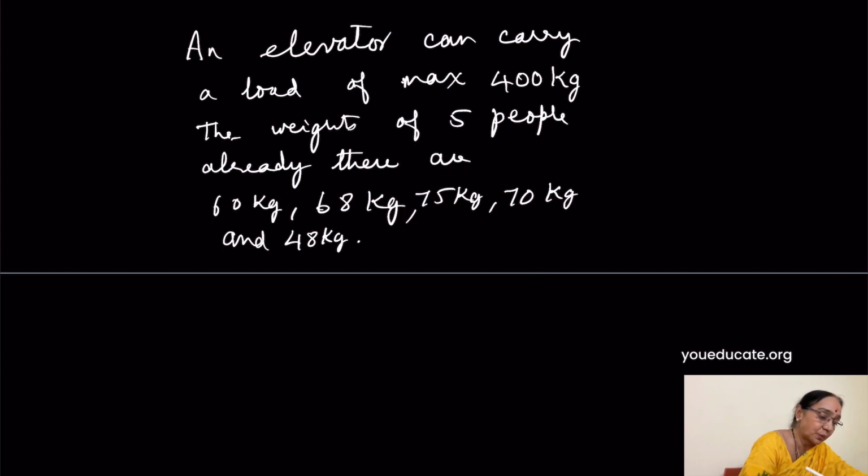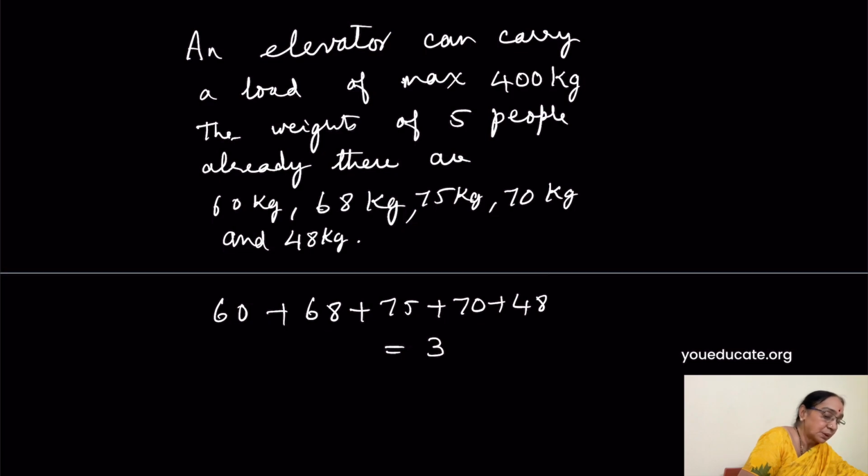Now let us find out the total of all these 5 numbers. What is 60 plus 68 plus 75 plus 70 plus 48? That comes to 321 kg. Now you know that the elevator can carry only up to 400 kg. So what is the difference? What is 400 minus 321?